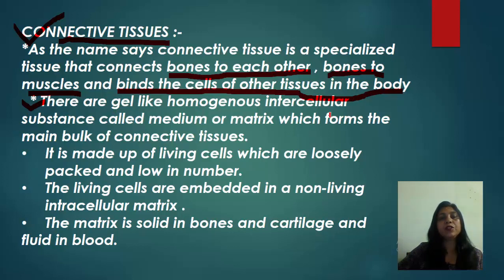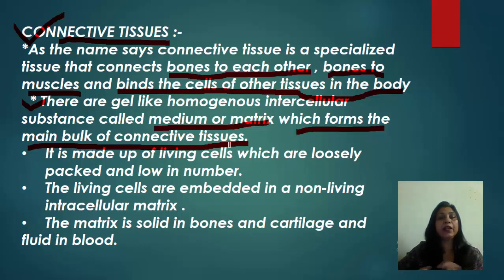There are gel-like homogeneous intercellular substances called medium or matrix, which forms the main bulk of the connective tissue. Means in this connective tissue, as it is connecting, for the sake of connectivity, the main bulk is the matrix or medium, which is a gel-like homogeneous substance.